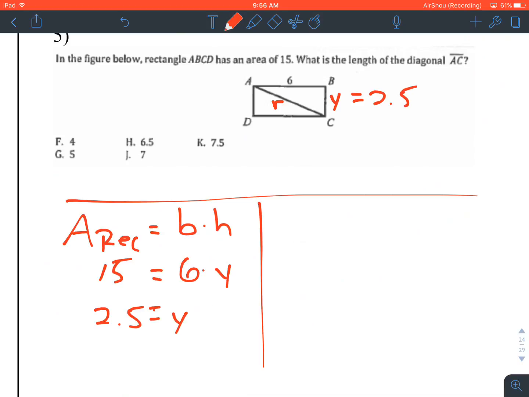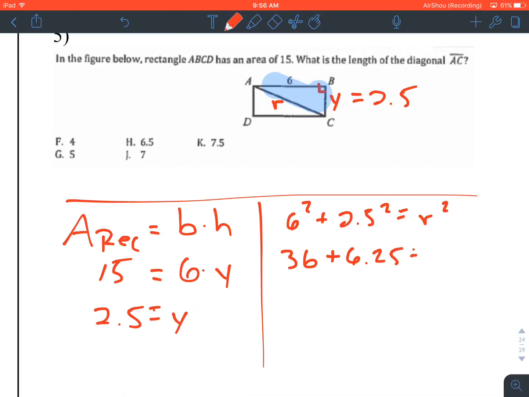We're supposed to find the length of the diagonal. Since this is a rectangle, this is actually a right triangle. To find the hypotenuse, you take a leg squared plus another leg squared, that equals the hypotenuse squared. 6 squared is 36. 2.5 squared is 6.25.